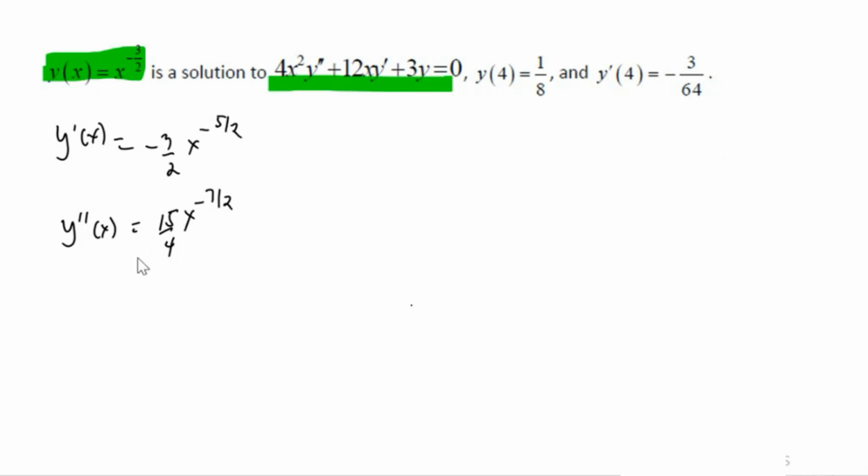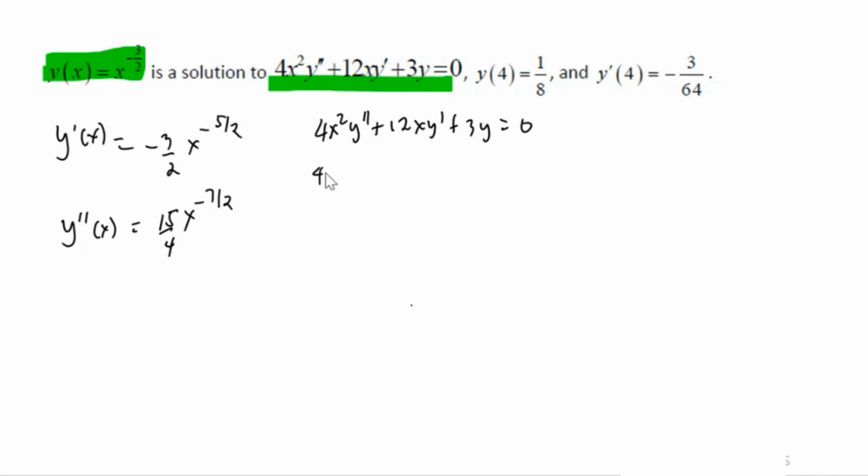So after that, we are going to substitute these values of y double prime, y prime, and y to the given differential equation. So by substituting to that, we have now 4x squared of y double prime plus 12xy prime plus 3y is equal to 0.